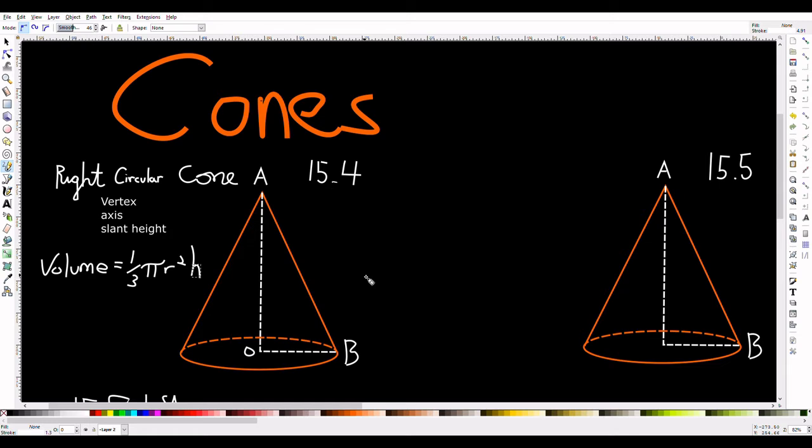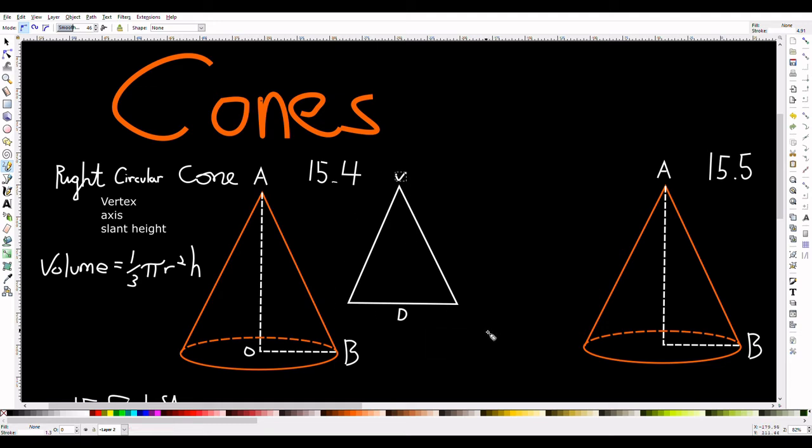Another way to think of this is if I put my cone through a clear pool of water along the axis, what shape would be just resting on the surface of the water? We'd have the vertex, and we'd have the diameter, and this would be a triangle.